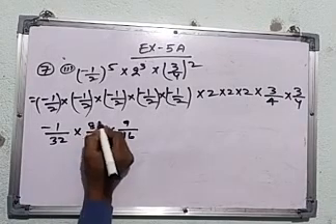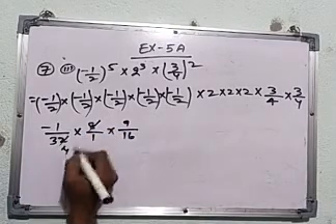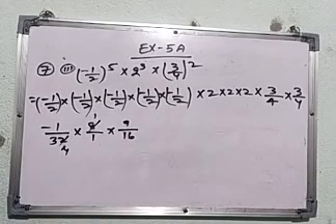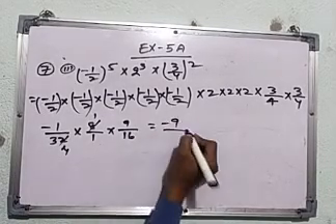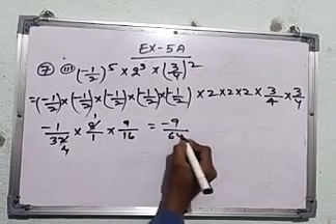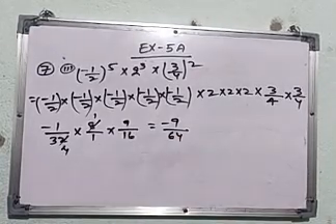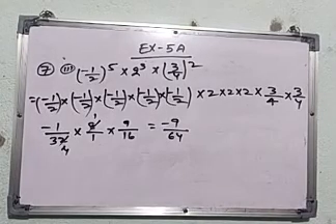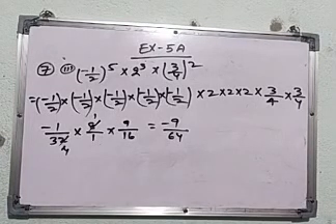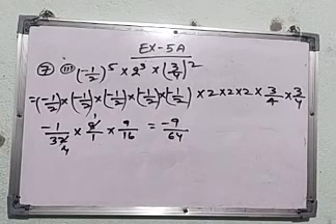If you cancel 8 fours, so we get minus 9 by 64. So easy.